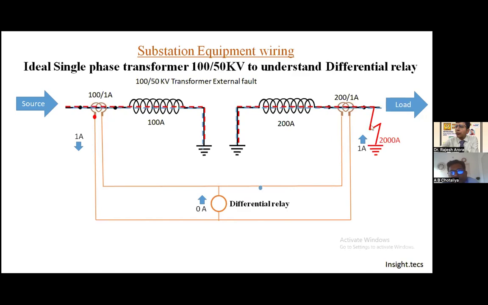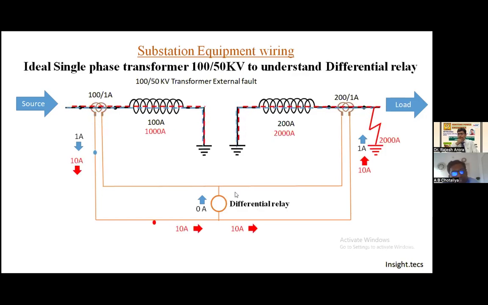If there is an outside fault, a fault of 2000 ampere, then 1000 ampere will be taken by this coil. Then the secondary of the CT output will be 10 ampere. Then 10 ampere will flow in this circuit. But the differential relay will not operate, as here the 2000 ampere is outgoing, right? So this CT will also produce 10 ampere.